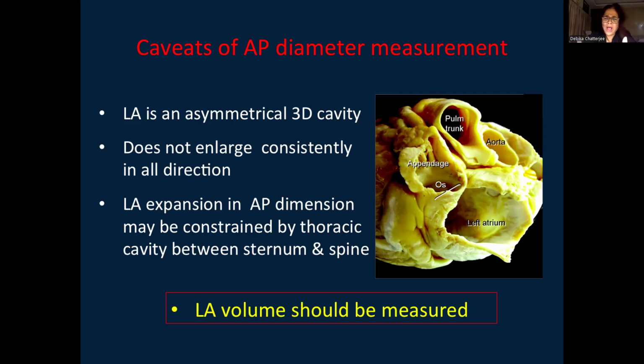So it may so happen that we are getting a normal anteroposterior diameter because the left atrium has enlarged in its superior-inferior direction or medial-to-lateral direction. So the anteroposterior diameter cannot be the sole measurement for LA dimension. We need to measure the LA volume.